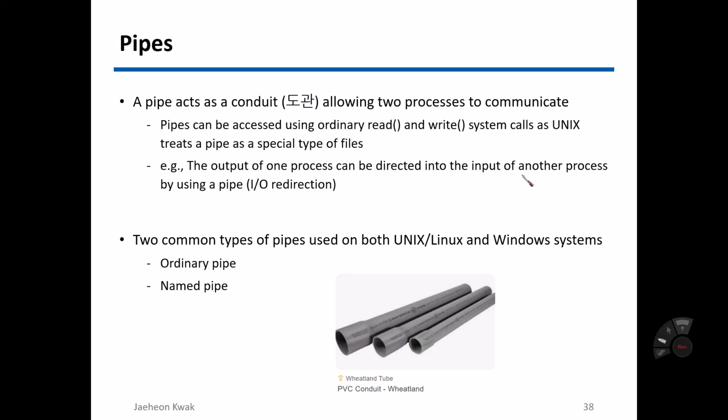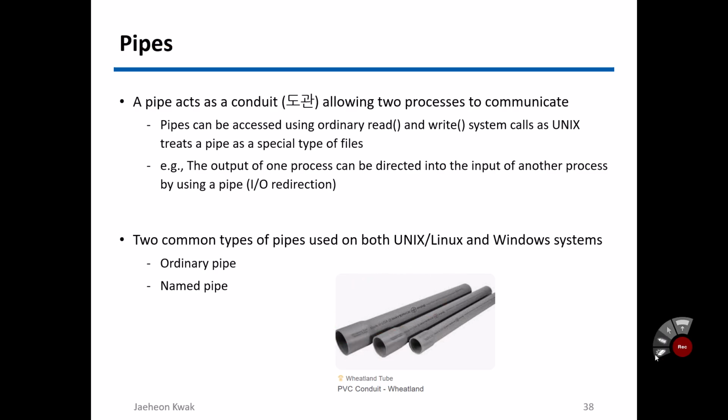And lastly, let's see the pipe. We have already seen the pipe before, right? We can use the pipe for I/O redirection. However, a pipe can also be used for inter-process communication. However, their operation is unidirectional. So this is a pipe.